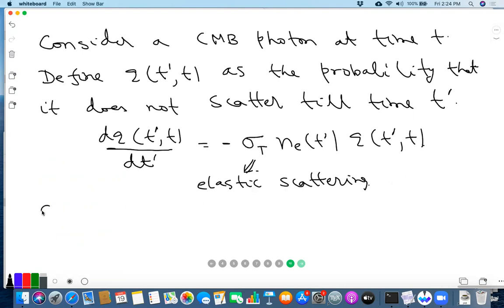So this tells us that we can integrate this. q(t0, t) is given by exponential of minus the integral from t to t0, where t0 is today.